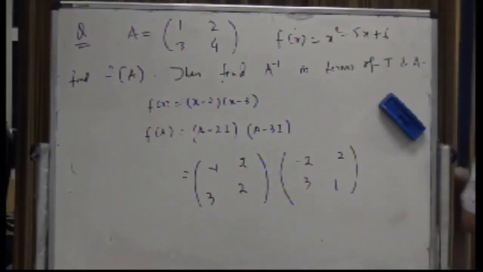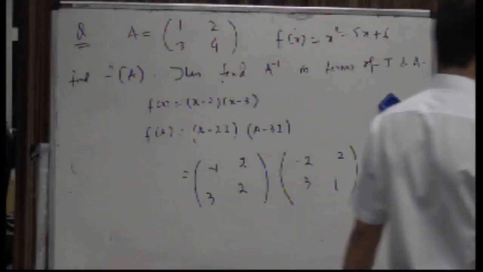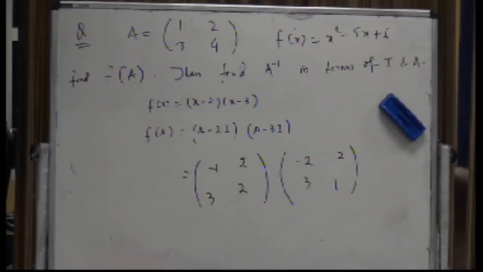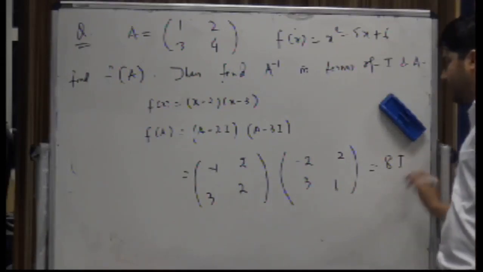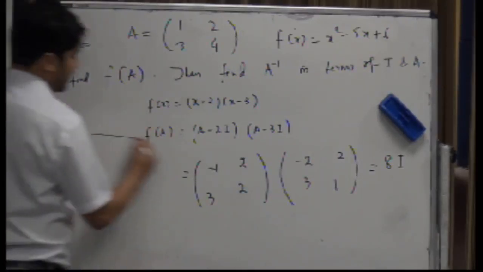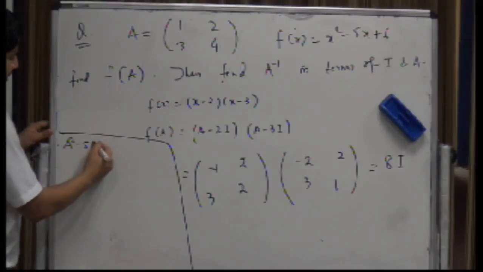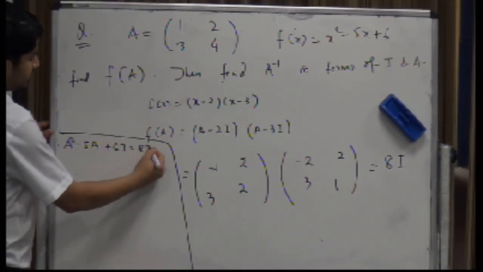Solve it. So you got 8I. You know f(A) is solved, but do you think we had to solve f(A)? The inverse, that wasn't the question. The question was A square minus 5A plus 6I is equal to 8I.